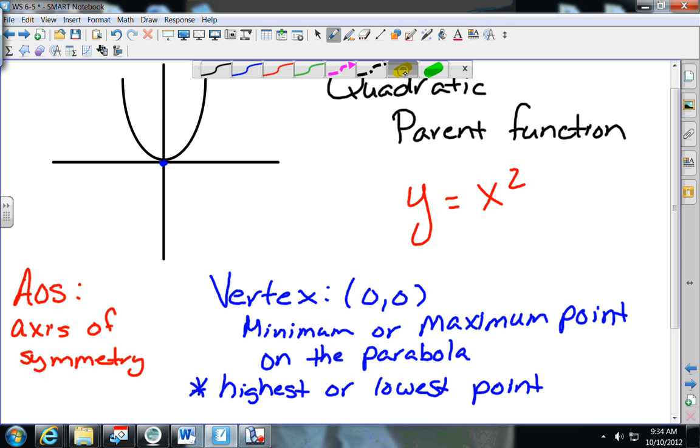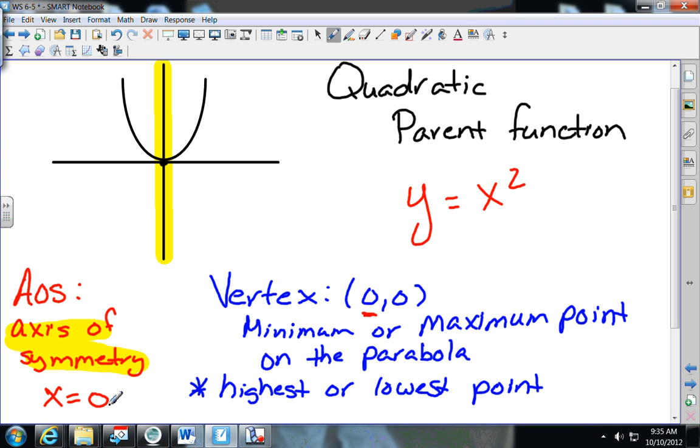It is the line where you can fold the parabola in half, and it is the same on both sides. I'm highlighting it right here. That's my axis of symmetry. The equation for that axis of symmetry is x equals the x number of the vertex. In this case, it's 0. x equals 0.